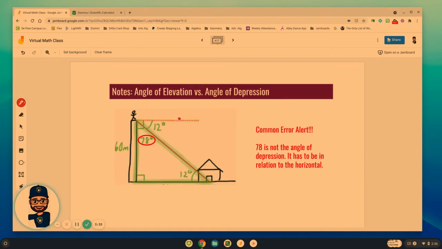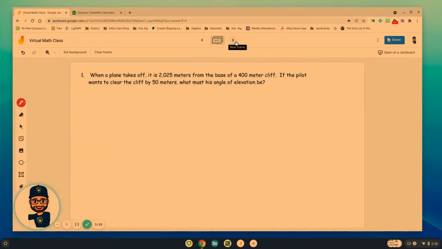Their horizontal line of sight down to here is 12 degrees. We can fill that 78 in because your horizontal line of sight down to the ground creates a perpendicular. So we do have to be careful with angle of depression, and I do have an example of that. First, here's a different one.